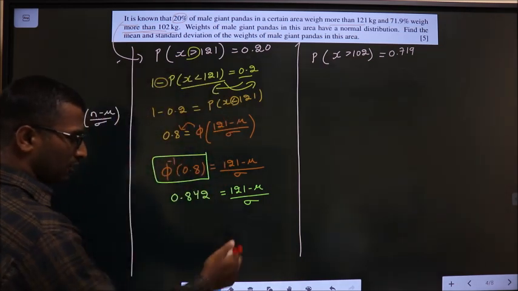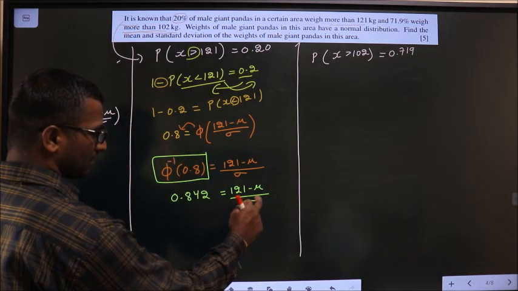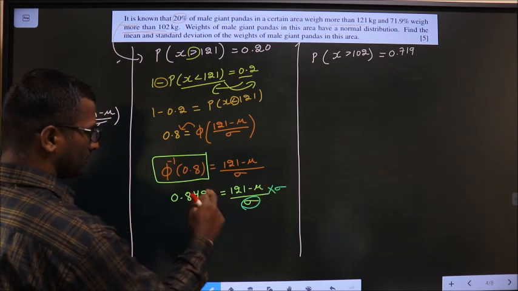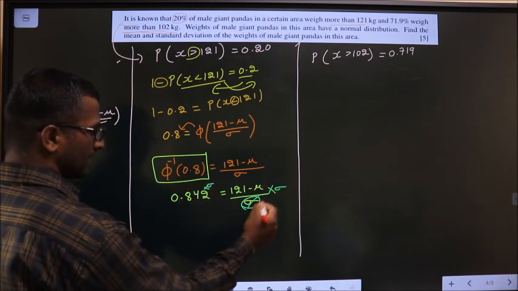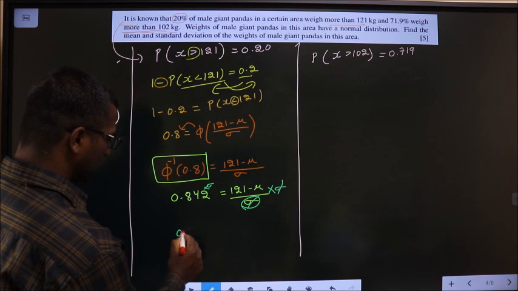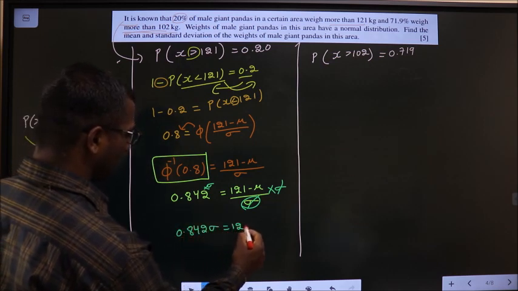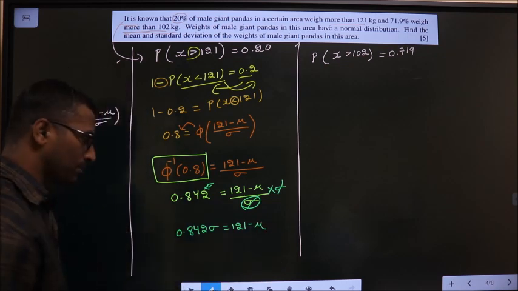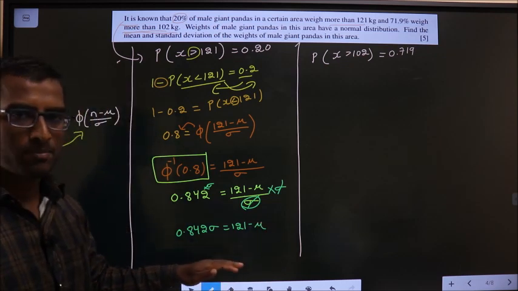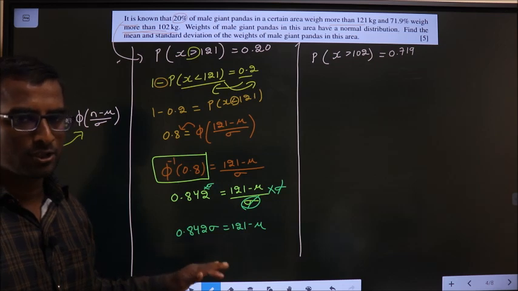Now to get rid of standard deviation, multiply by standard deviation on both sides. Here this gets cancelled. Here we get 0.842 standard deviation equal to 121 minus mean. Now this cannot be simplified further, so I stop.